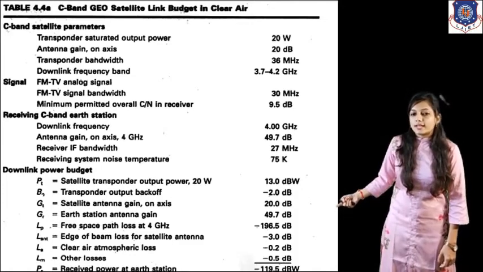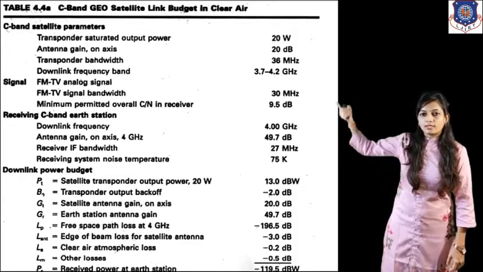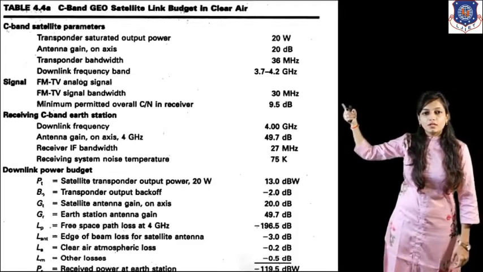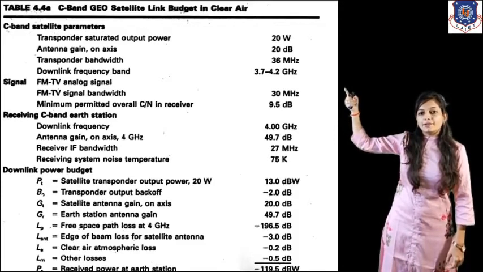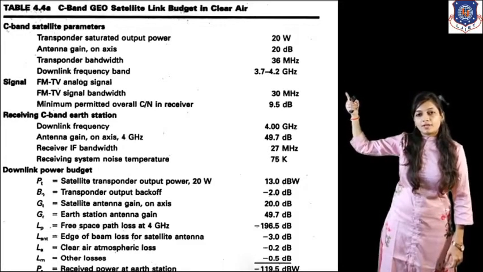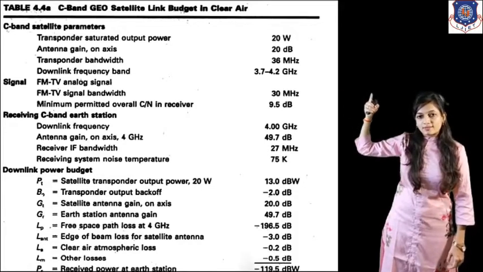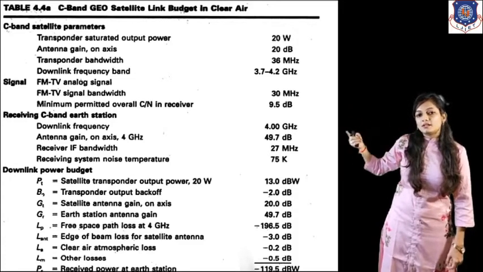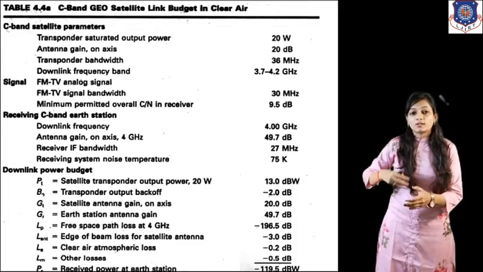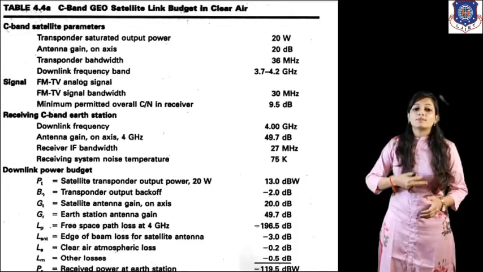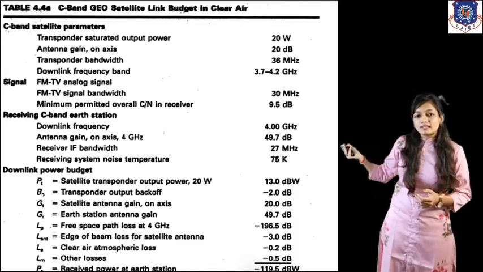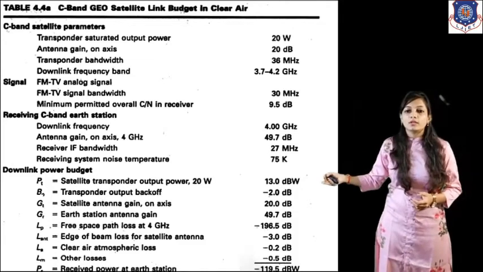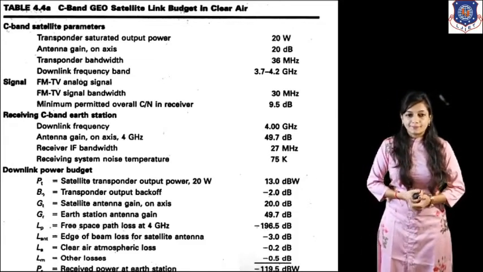Third, the satellite antenna gain, which is given as 20 dB. Bandwidth is given as 36 megahertz. Which frequency bandwidth we are going to use is already given, and what is my type of signal, and its bandwidth. And for the receiving C-band Earth station, its frequency, the antenna gain of the receiving antenna, the receiver's IF bandwidth, and the receiver system noise are already given. So from these quantities we are going to calculate the link budget for downlink.